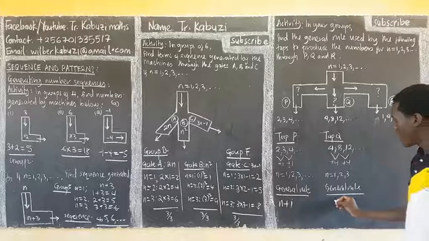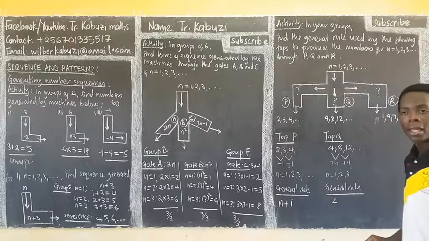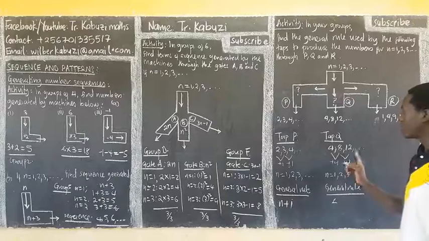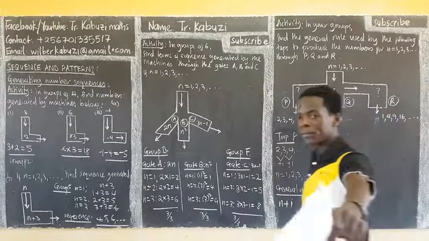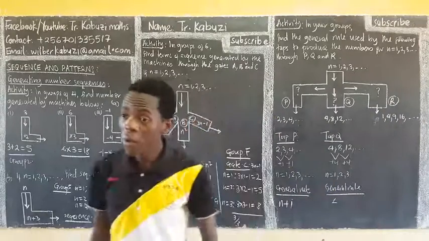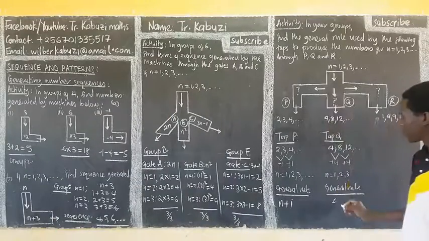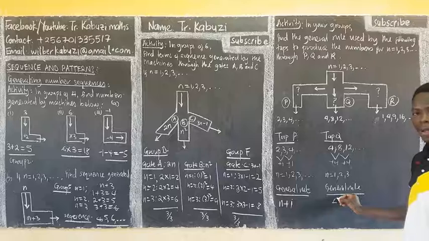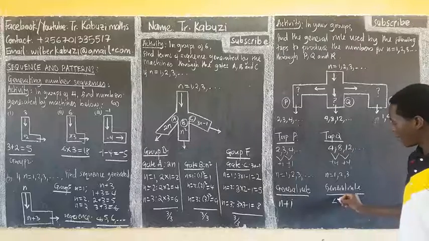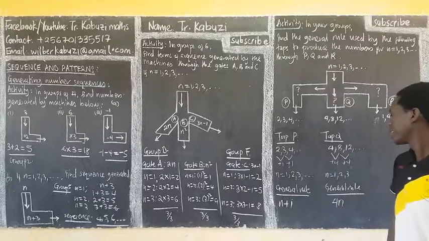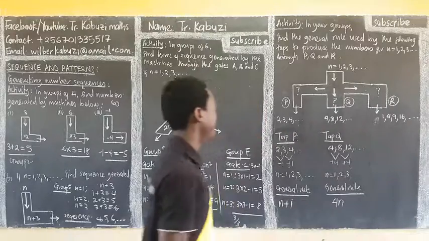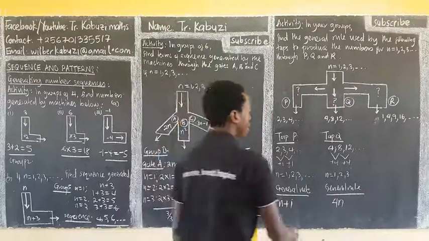So the general rule that was expected, these ones are showing you what? Multiples of 4. So this was supposed to be 4n. This is what I expected there.